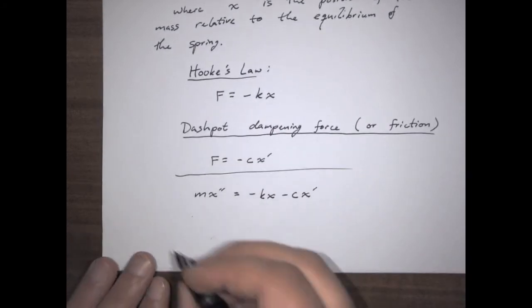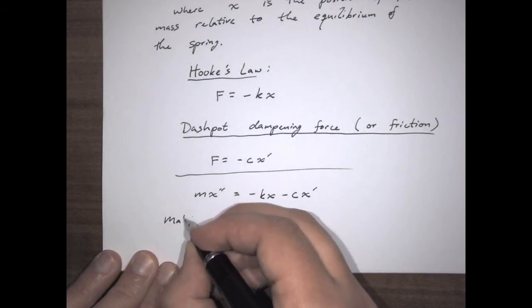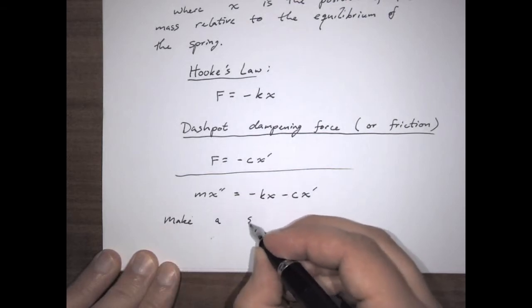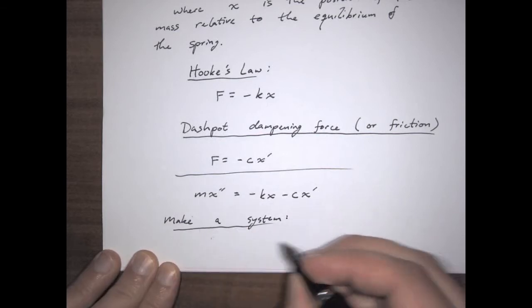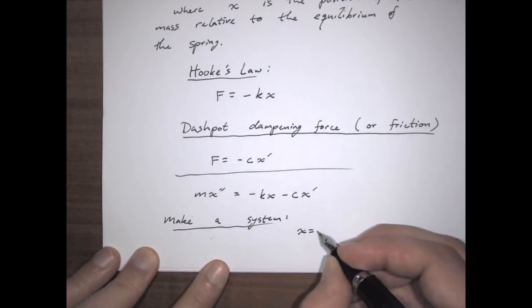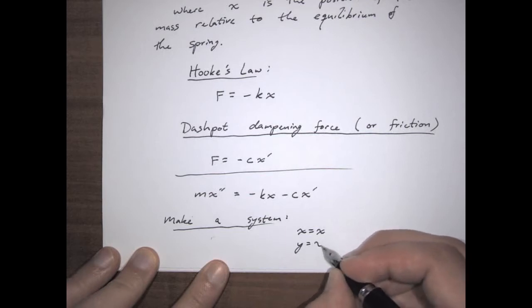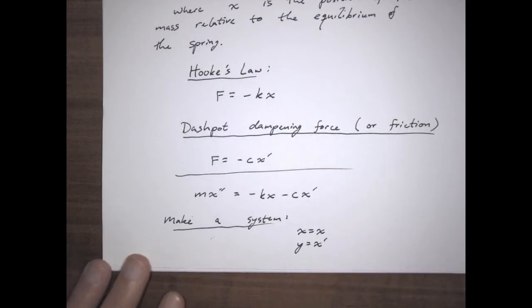Now, if we wanted to make this into a system, make a system where x will equal x and y will equal x prime, then the system we would be talking about would look like this.